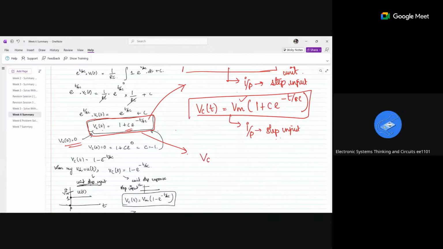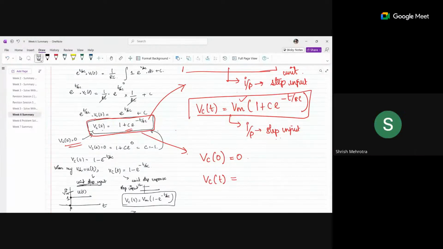Now, if the initial condition Vc of 0 is equal to 0, my equation will be Vm into 1 plus C e power minus t by RC. So Vc of 0 is equal to 0. What does it say? At time t equal to 0, my Vc of t is equal to 0.